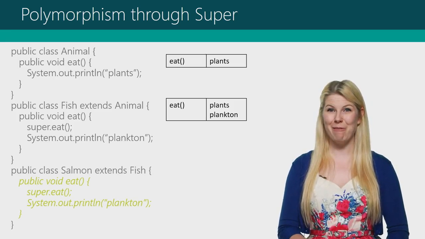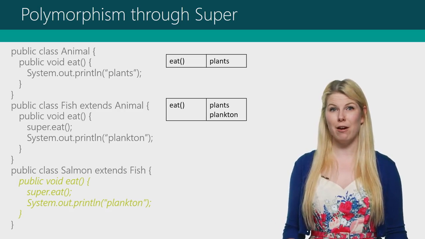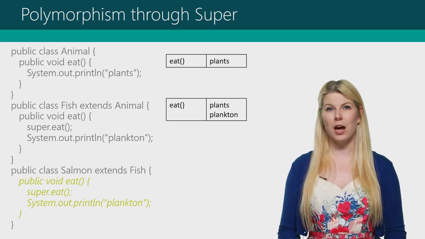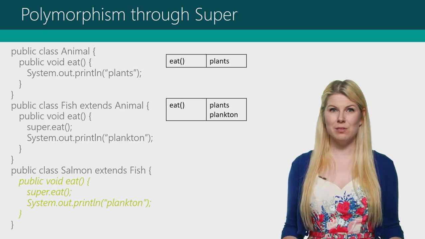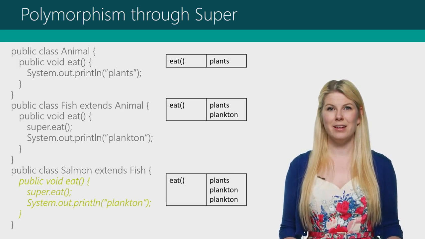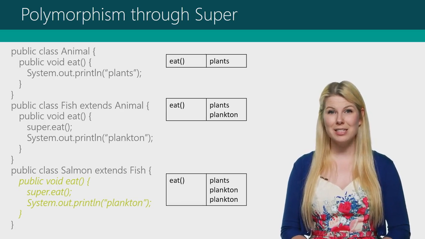So what happens if I go one level deeper? Now I'm not overriding this method. I am just inheriting fish's version of eat. So who's salmon's superclass? As it turns out, super always refers directly to the class that you extend from.